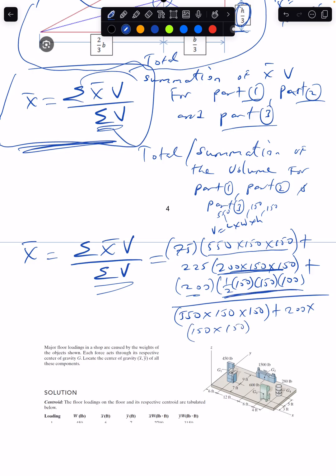And for part 3, this is the volume, plus half times 150 times 150 times 100.